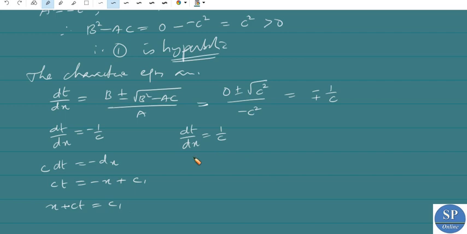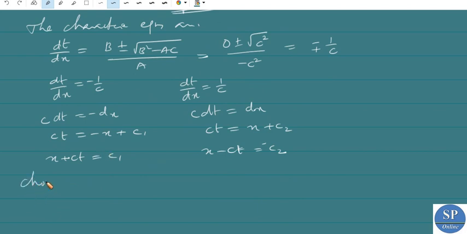From the other, c dt is equal to dx, so on integration we get ct equal to x plus c2, and from this x minus ct is equal to a constant c2. So we can choose our new variables as zeta(x,t) equal to x plus ct, and eta(x,t) equal to x minus ct.